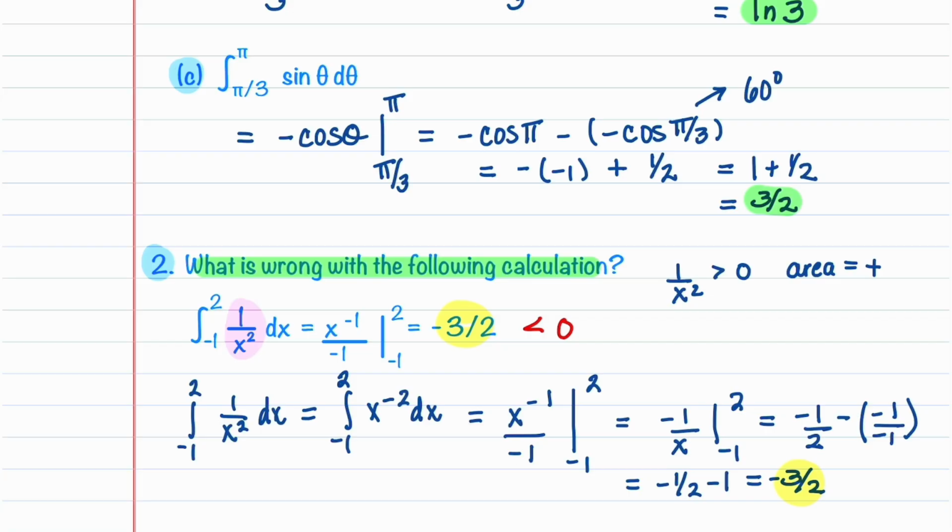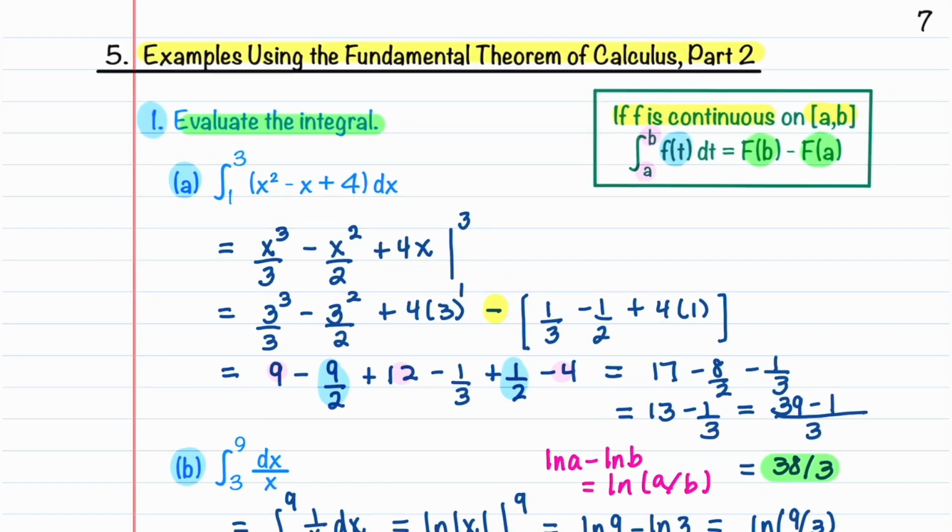So that tells us that we're definitely doing something wrong. What we have to do is go back to the conditions on the fundamental theorem of calculus. Let's go back up at the top and let's look at this. Our condition told us that f has to be continuous on the closed interval in order for us to use this theorem.